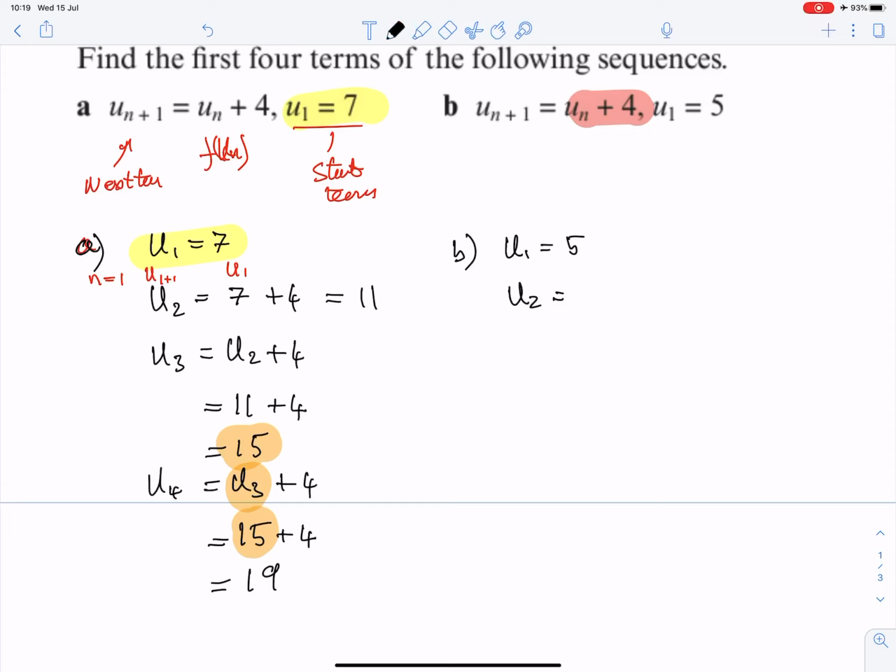So we get 5 plus 4 equals 9. U3, add on the 4 again, 13. U4, add on the 4 is 17. Yeah, very similar approach to before, but once you've done them a few times, they're fairly straightforward.